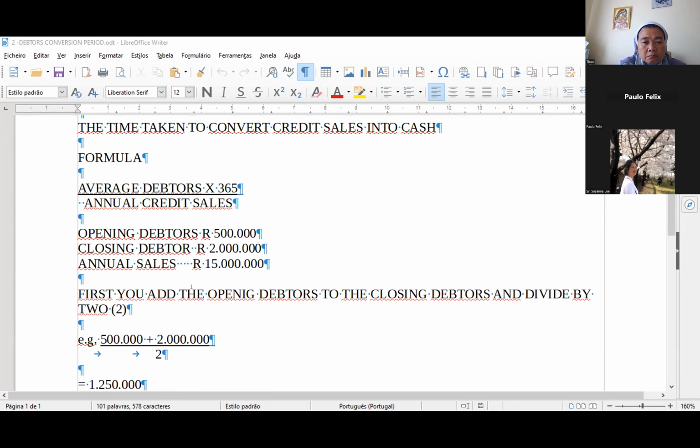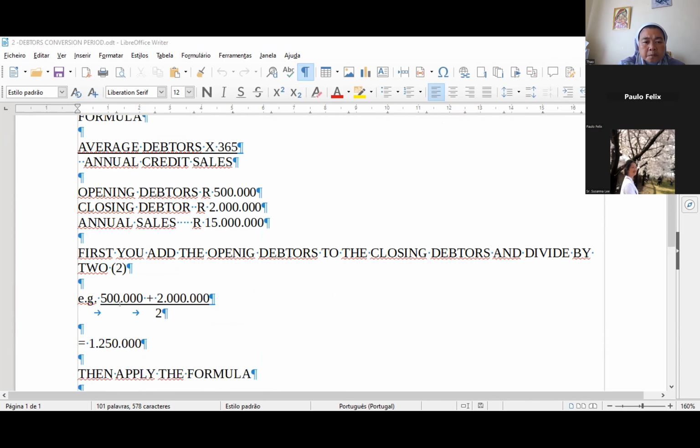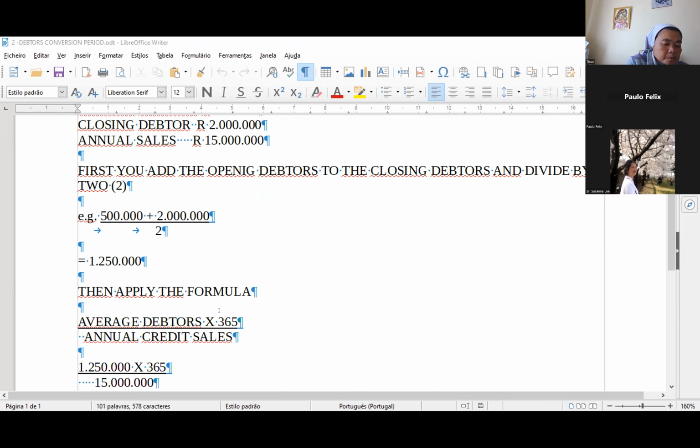First you add the opening debtors to the closing debtors and divide by 2. So 500,000 plus 2 million is 2,500,000, divided by 2, it comes to 1,250,000.